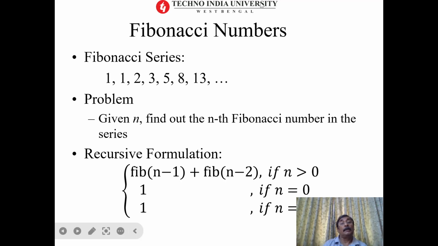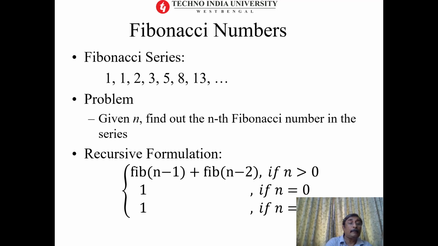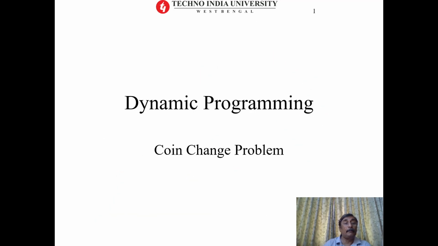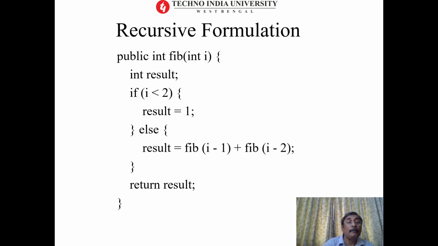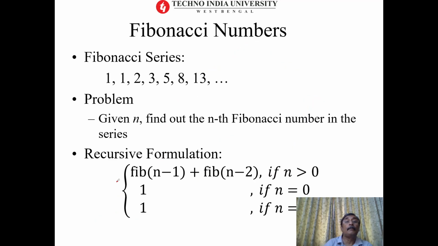We can see easily that if I know the Fibonacci number n minus 1 and the Fibonacci number n minus 2, I can get the nth one. Let's say I want to have Fibo 3.